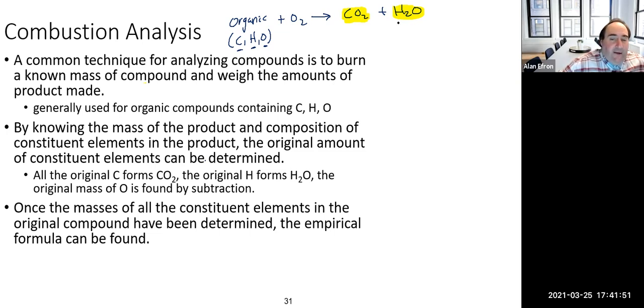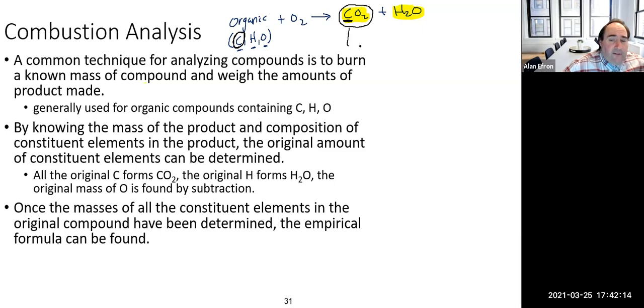So the idea here is if we collect up all the CO2 here, pretty much it contains carbon. And the only thing on the reactant side that would contain carbon would be our unknown substance. So all the carbon that came from our unknown substance would have found its way into the CO2.